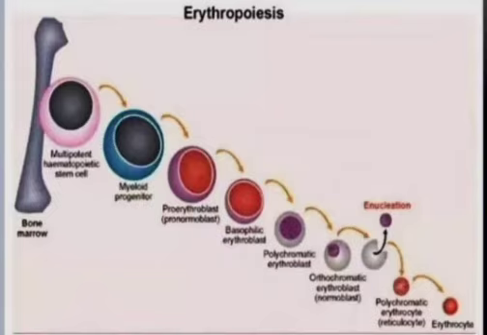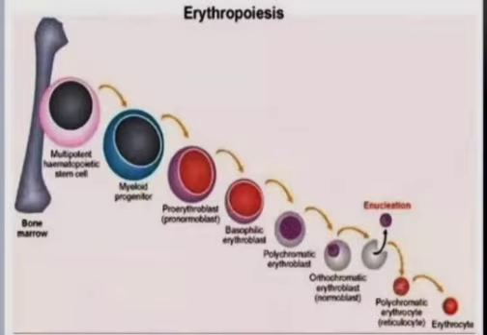This is followed by the differentiation of autochromatic erythroblast to reticulocytes. So the autochromatic erythroblast differentiates to form what is known as reticulocytes, also known as polychromatic erythrocytes.